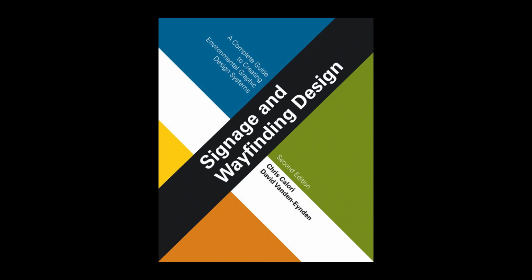In either case, client input on the development of the sign program's details is essential through the DD phase, and the EG designer should seek the client's review and approval of the sign program's development before proceeding into the documentation phase.